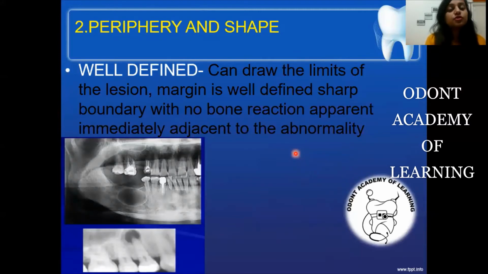Now, next we come to the periphery and the shape. Periphery, like I said before, is the margin, or the boundary. Periphery can be of two types, whether it is well-defined or ill-defined. In case it is well-defined, the basic thing is we should be able to delineate or draw the boundary of the lesion.